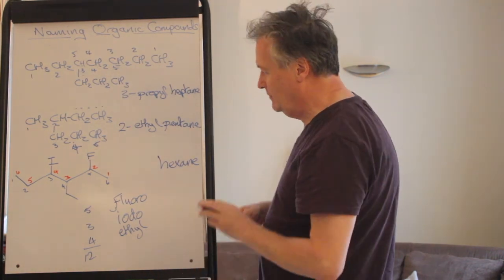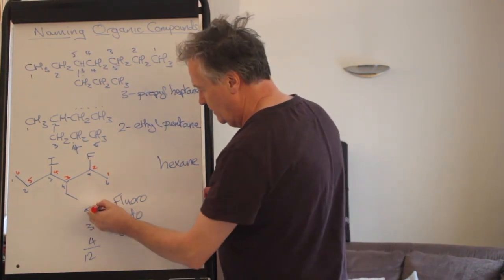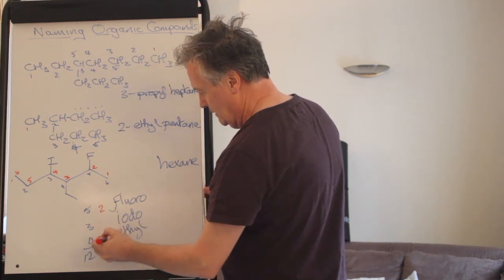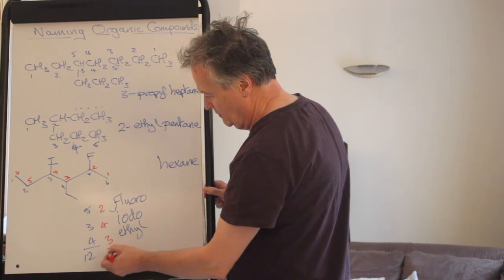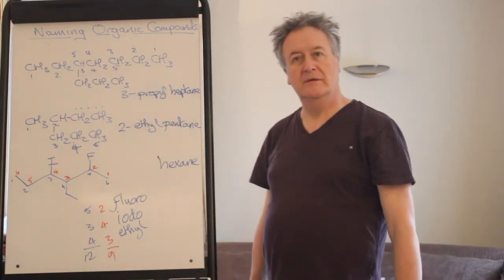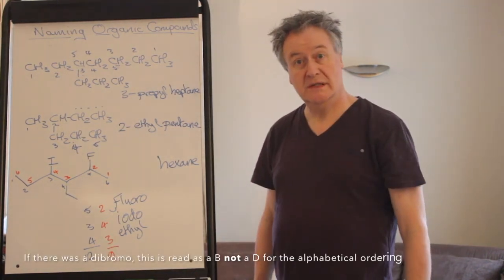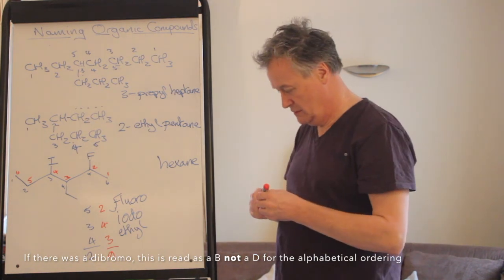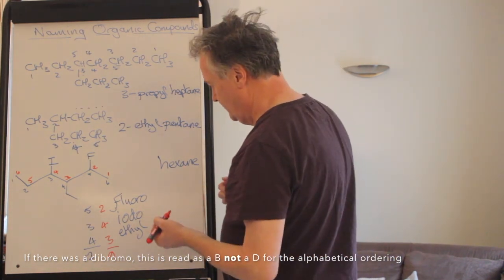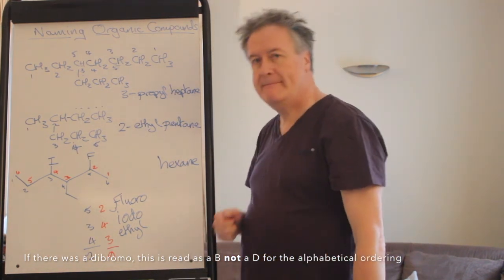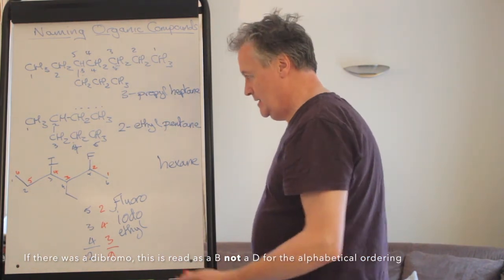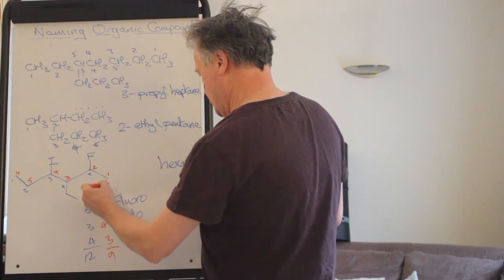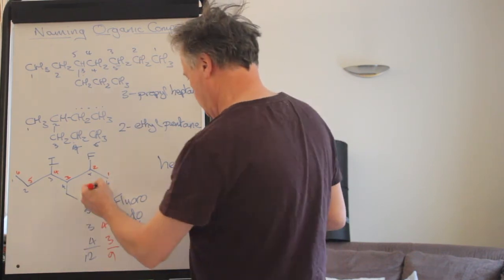If we go with the red numbers, the fluoro is 2, the ethyl is 3, and the iodo is 4. And that adds up to 9. So the red is correct, the blue is wrong. So that makes the name, I haven't got enough space to write it in there. So I'm going to try and squeeze it in.